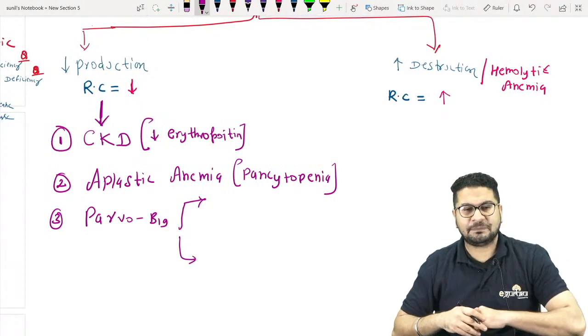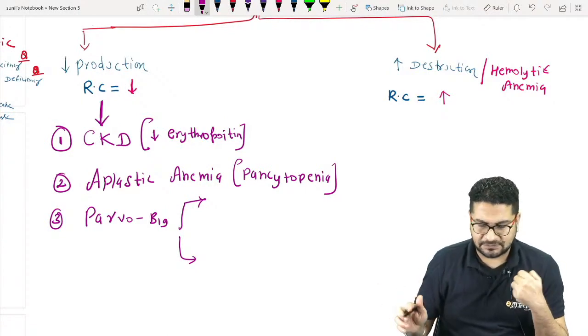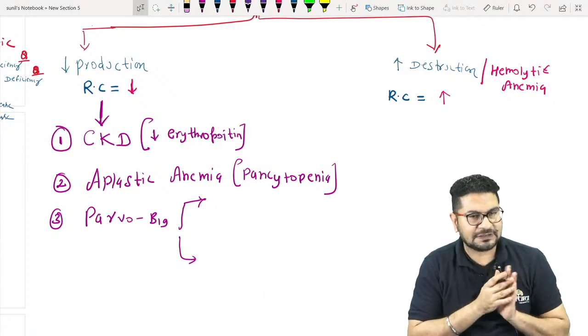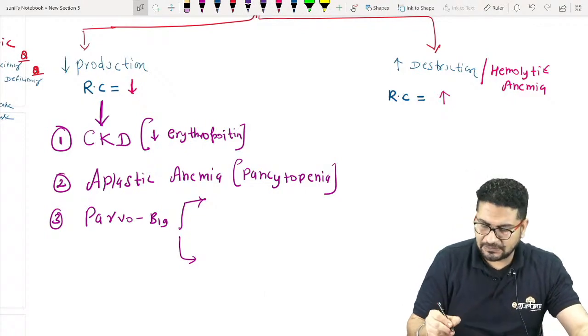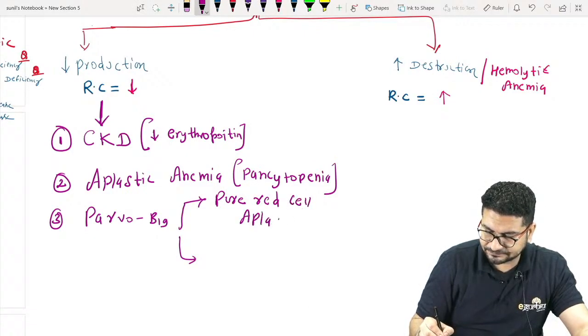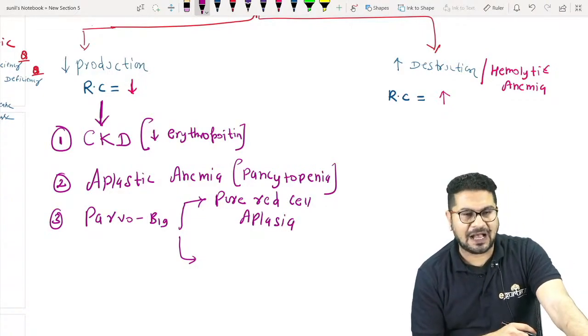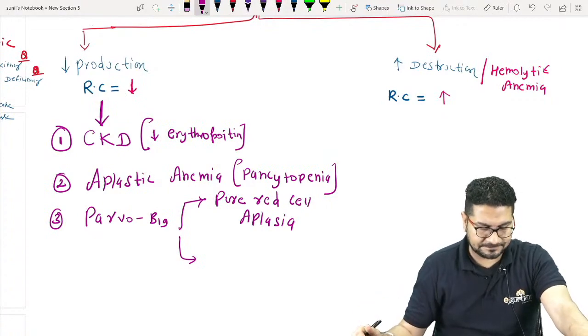Either they can damage your erythroblasts, meaning RBC producing cells are totally lost, while WBC and platelets are normal, only RBC producing cells are lost. We call this pure red cell aplasia. Pure red cell aplasia means RBC producing cells are totally lost.